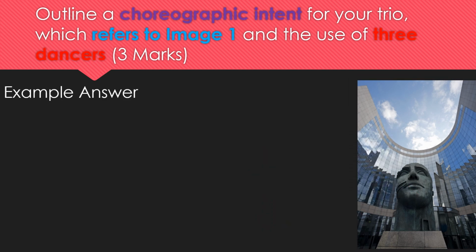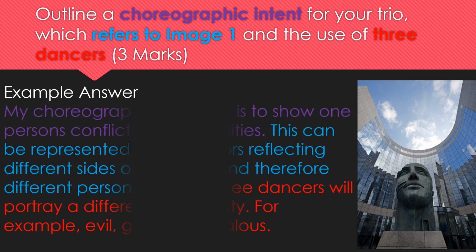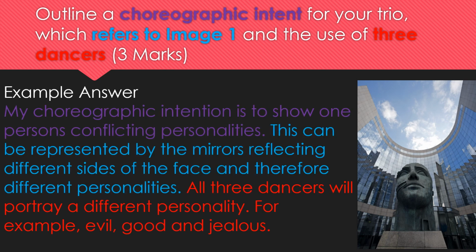So I've just color coded these so we can see. Choreographic intention: my choreographic intention is to show one person's conflicting personalities. I have created that choreographic intention from seeing that image. This can be represented by the mirrors reflecting different sides of the face and therefore different personalities. So I've outlined how I've got that choreographic intention from that picture.